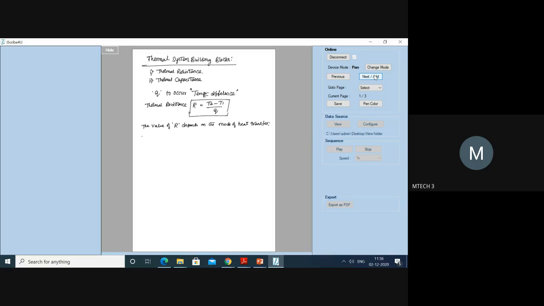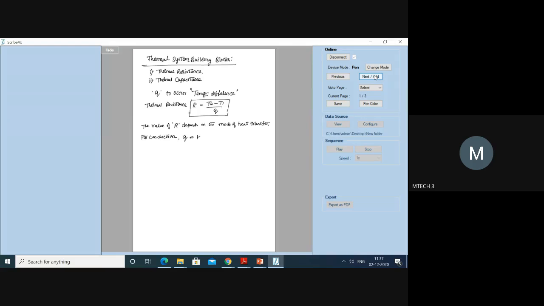For conduction, what is Q? Anybody able to remember the heat flow equation for conduction?